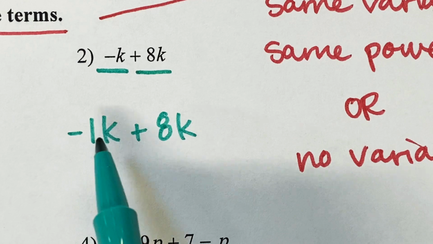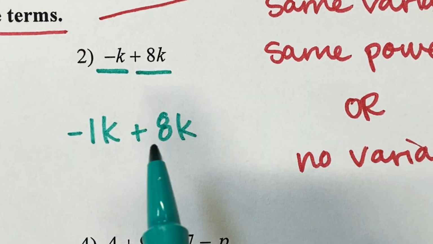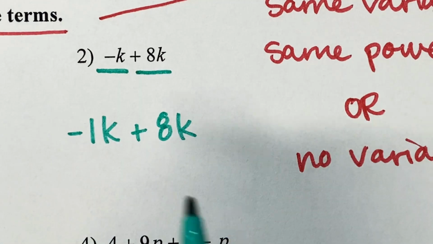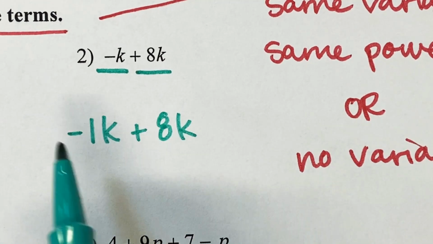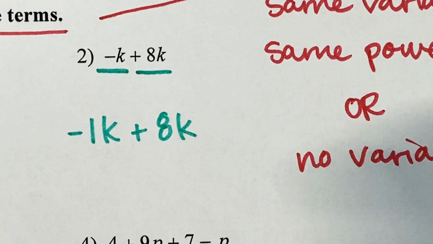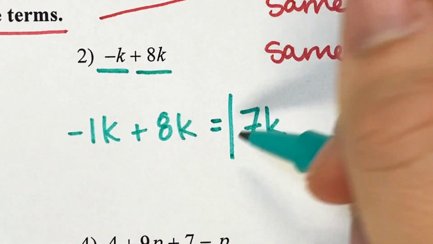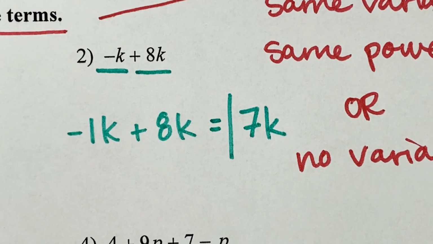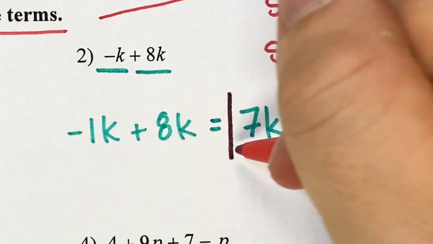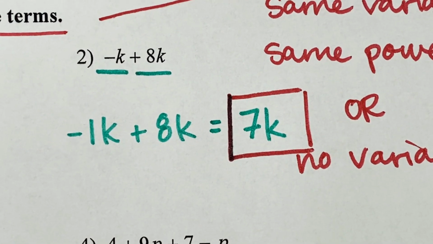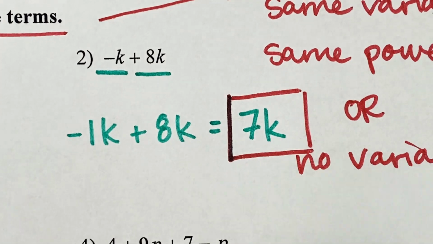We're at negative 1 and getting more positive here. If that's hard to think about, let's switch it around: what is 8 take away 1? It's going to give us 7k. That's our final answer. Our final simplified expression was just one term, 7k.